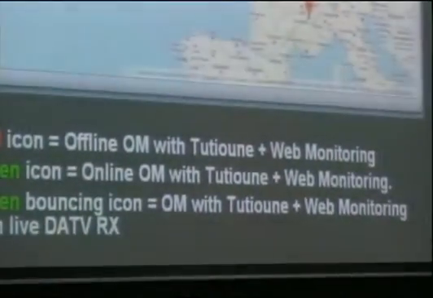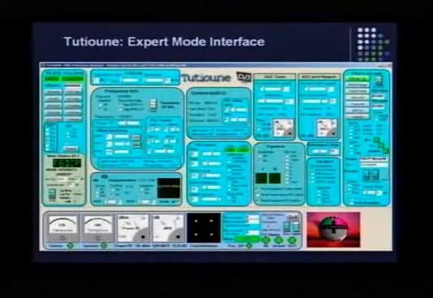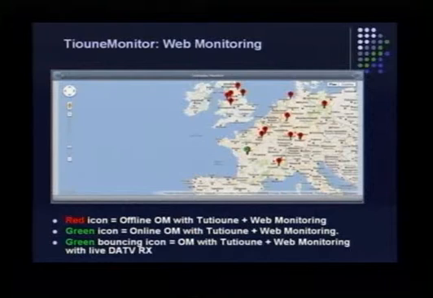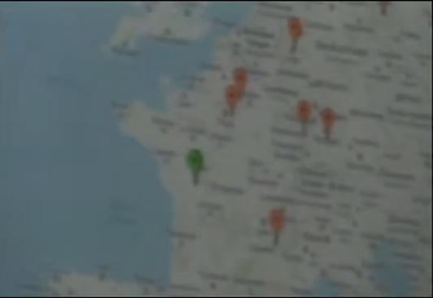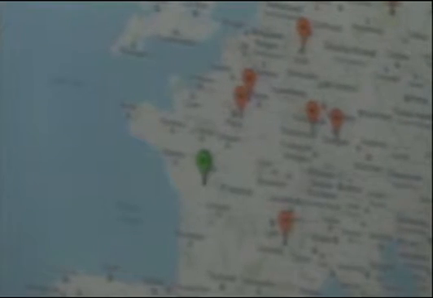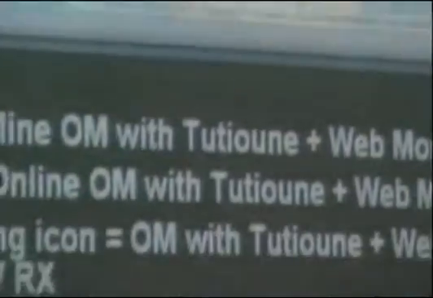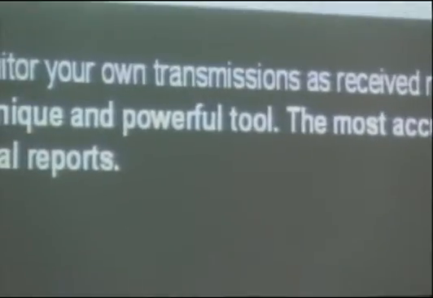And the last thing is when you press the web button, all you are measuring can be found on the web. It's free. Your icon is created automatically. You get your icon, and when an icon is green and bouncing, you can go and you will see that.